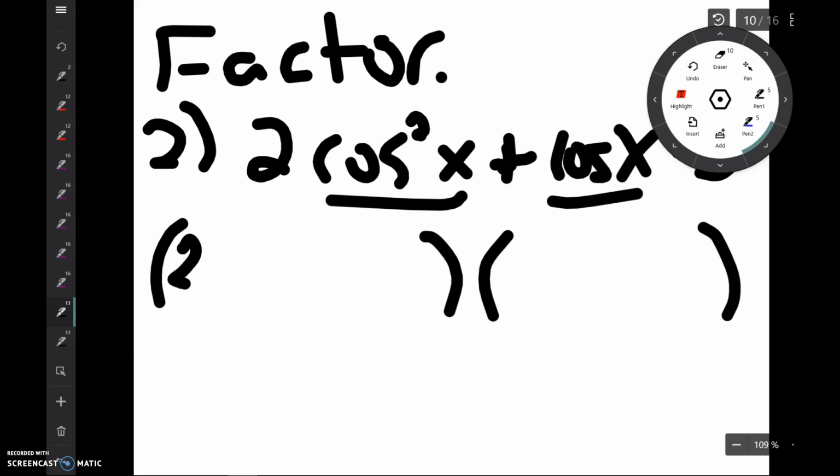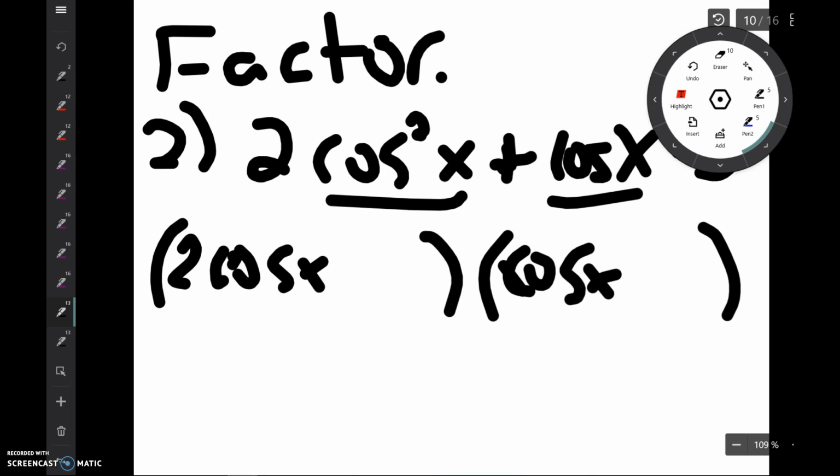So I can write that as 2 cosine x, and this would need to be cosine x, because that would give you the 2 cosine x squared.